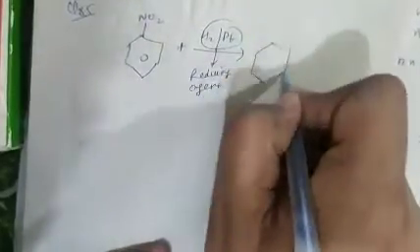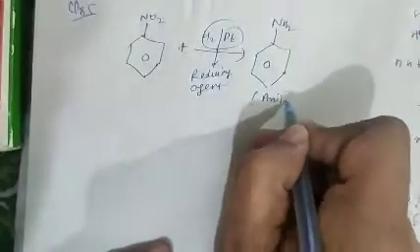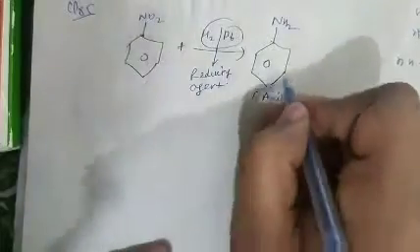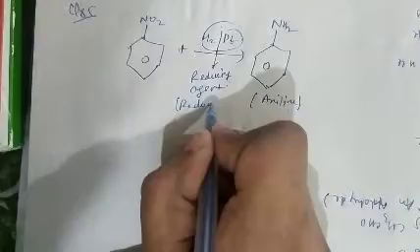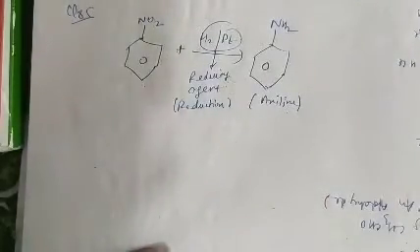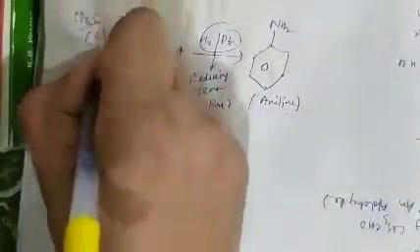So NO2 will be reduced, with removal of oxygen and addition of hydrogen, so aniline will be formed as the major product. Here reduction takes place. Question number 85, option C is correct.